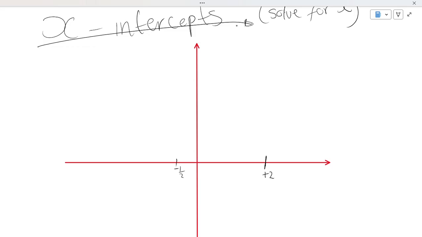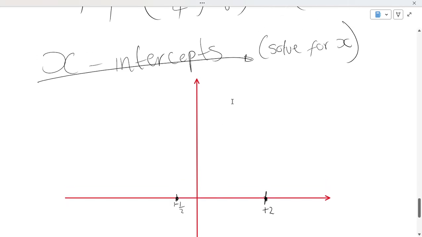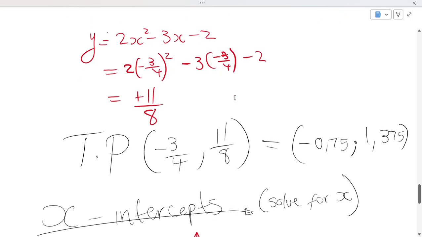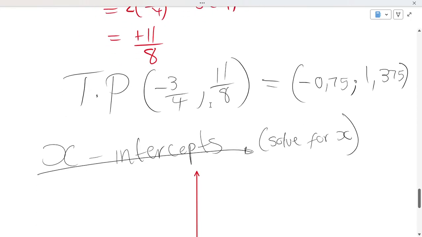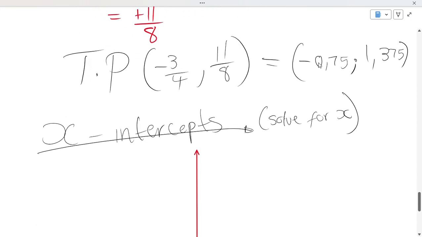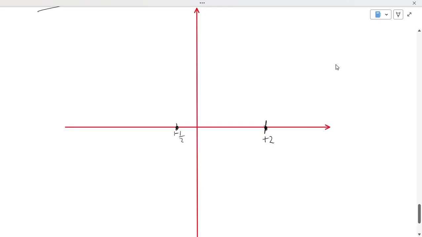So our graph has to touch here. Let's start with the shape, or we can have the turning point. If we do the turning point, it's at negative 0.75.